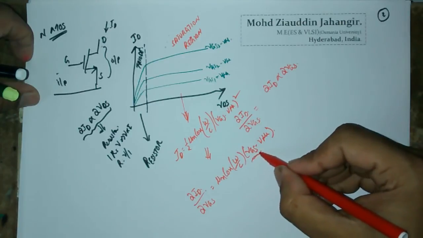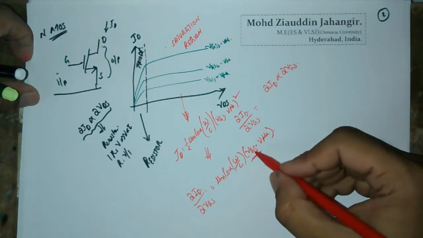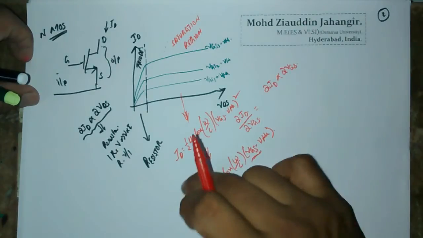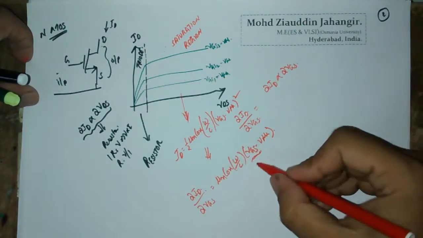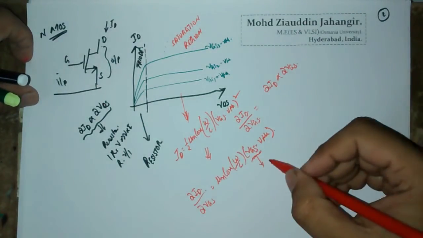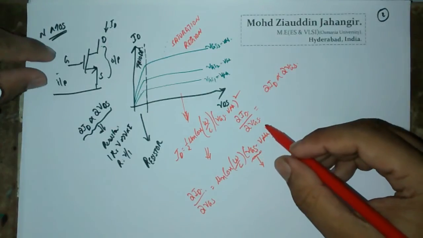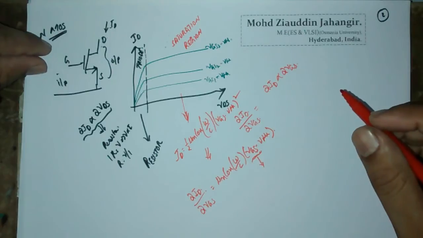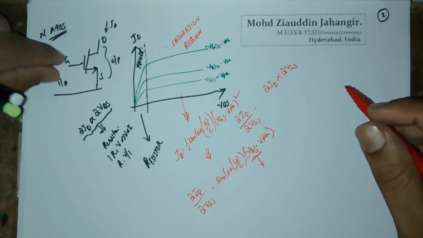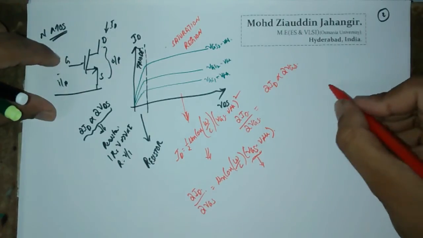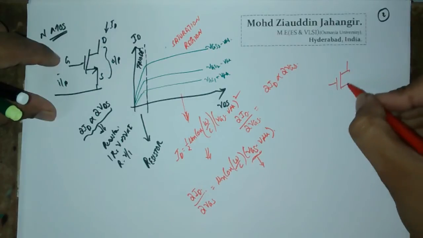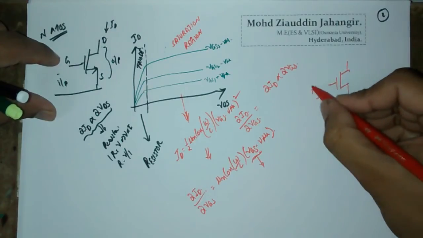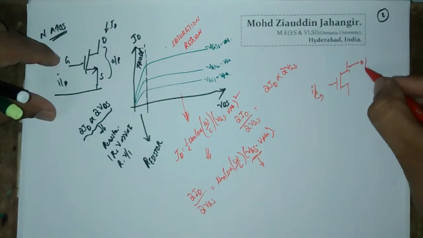Now you can see that you have differentiated with respect to VGS, yet you again have a term, this slope, depending on VGS. But let me show you what this VGS is. If you use this MOSFET as an amplifier, then you will be applying input here and taking output from here.